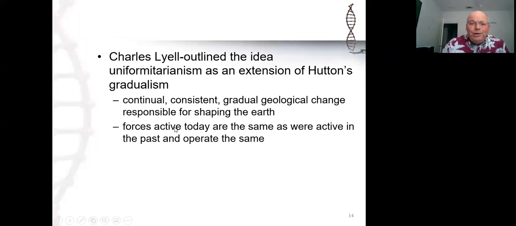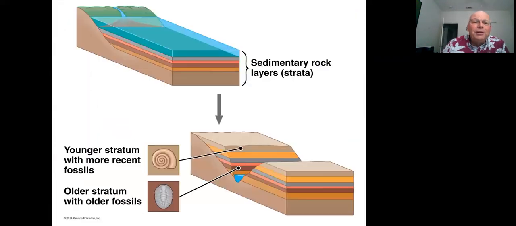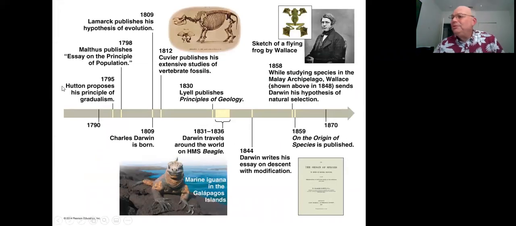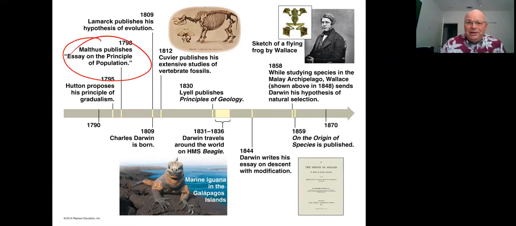Now, there is one other person who is not talked about in detail in the book, but is on the timeline. So let me flip back to the timeline for a minute. And you can see him turning up here, Thomas Malthus. Now, Malthus is not a scientist. He's the odd man out here, in that Malthus was an economist.